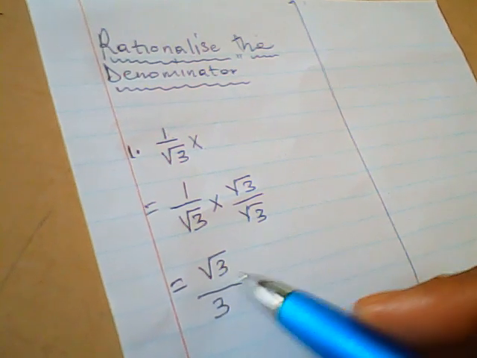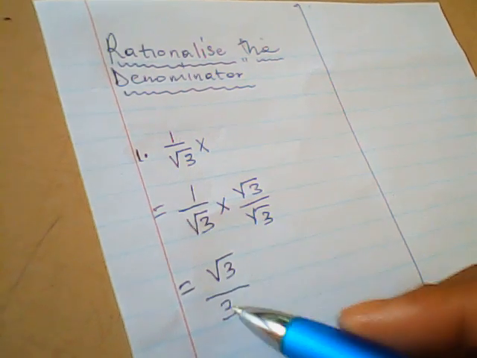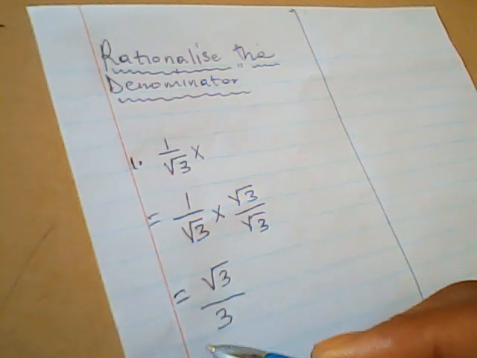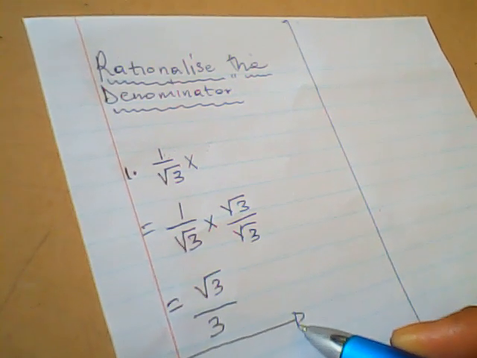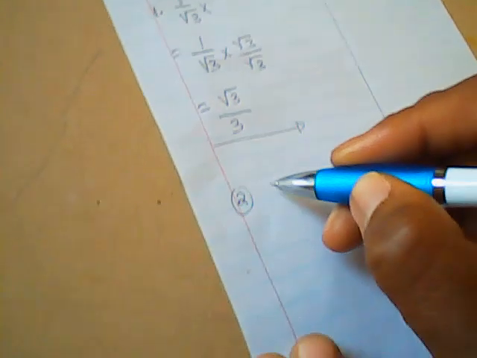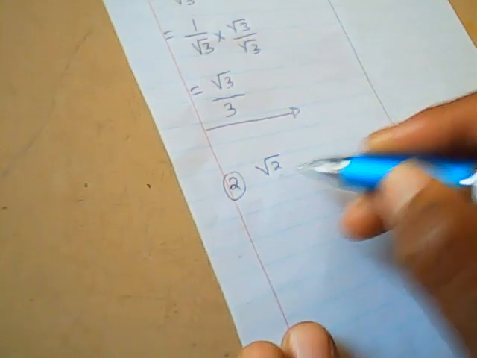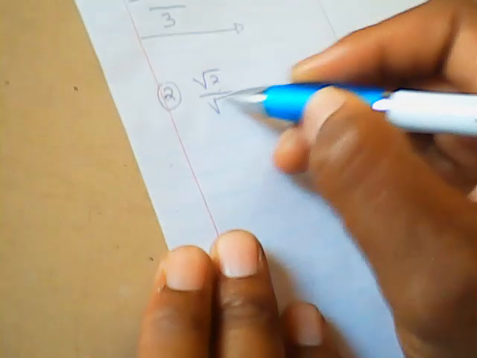Then at this stage, you have already arrived at the answer because you can't do anything here. It means this will be our answer, right?